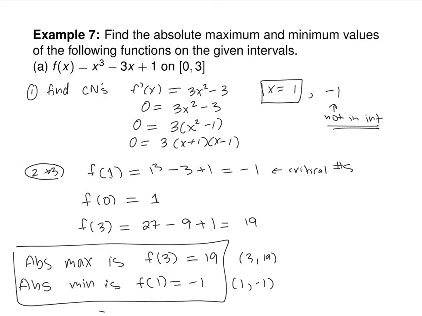And what are the 0 and 3? They're the endpoints. Just like the directions said on the last slide, you plug in the critical numbers and the endpoints. So if our interval had been -2 to 3, we would have also plugged in -1.